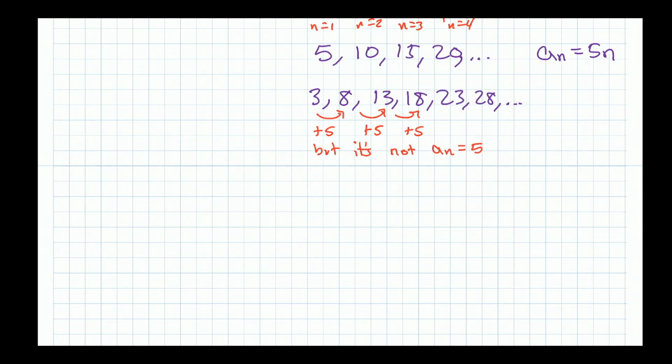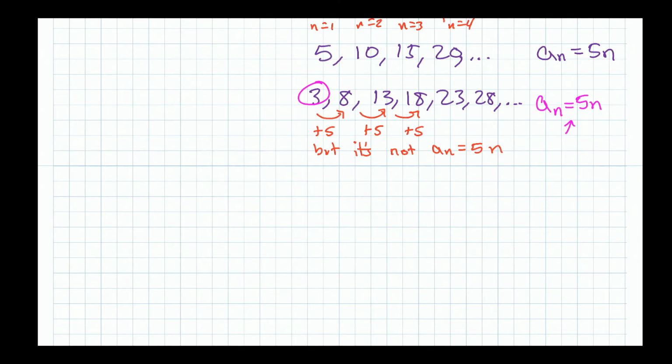but it's not just an equals 5n, right? Because 5n would start at 5. So what you have to do is say, okay, well, it's 5n because it counts up by 5. When you put in a 1, you get 5. You don't want 5. When you put in a 1, you need to get 3.